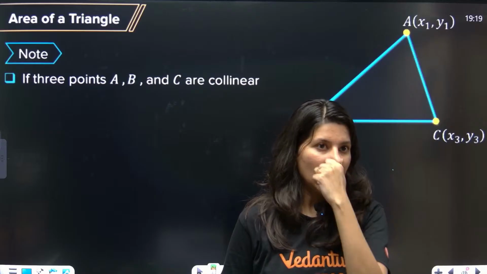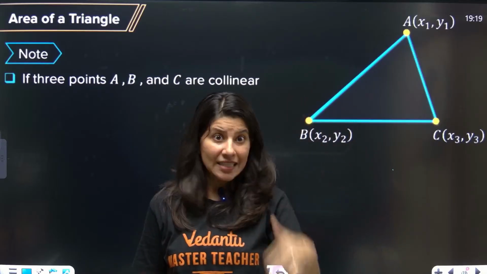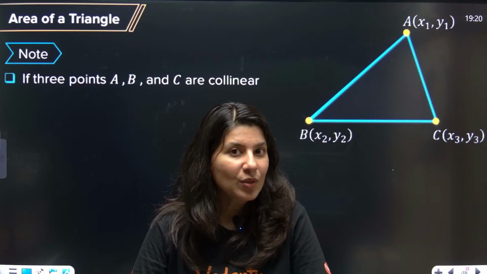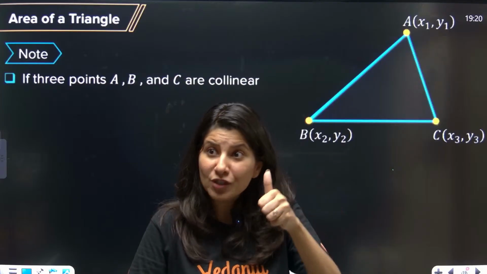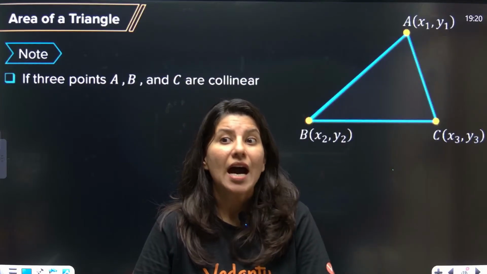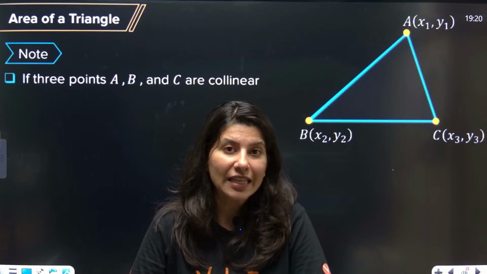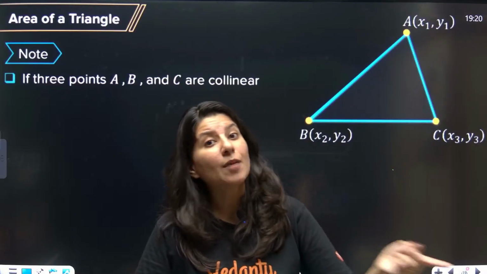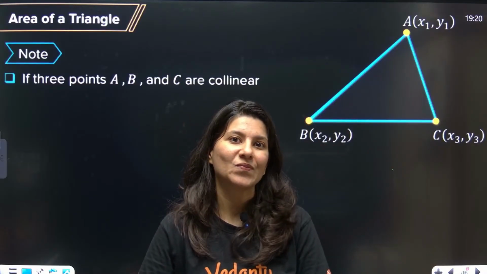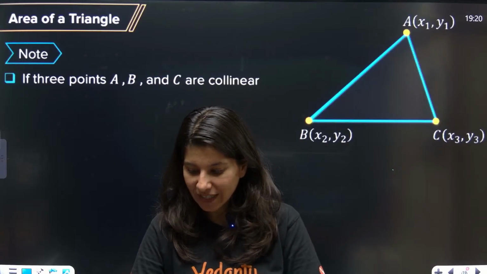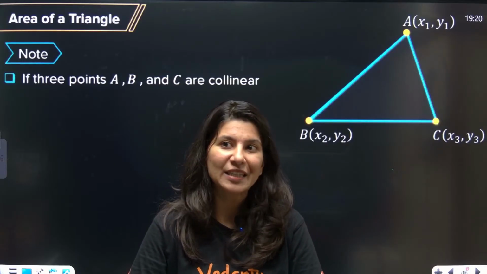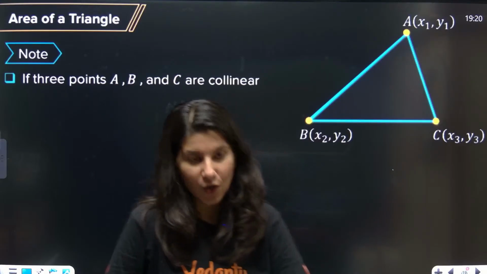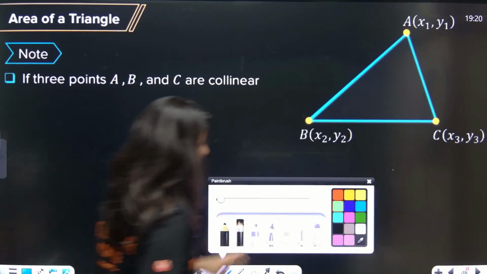I will give you the condition of collinearity with the help of slopes of two lines, with the help of determinants, with the help of vectors as well, and with the help of straight lines, specifically the straight lines topic as well.